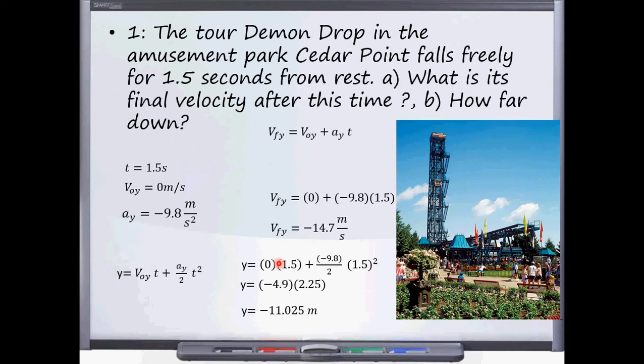When you solve this equation, you're going to have that your y is minus 11.025 meters. But once again, you're going to ask, why do we have a negative value here? This is something very important, so check this. You started from the maximum height of your demon drop, and you drop, like it says, dropping people going down, right?